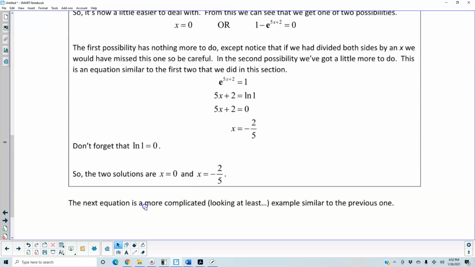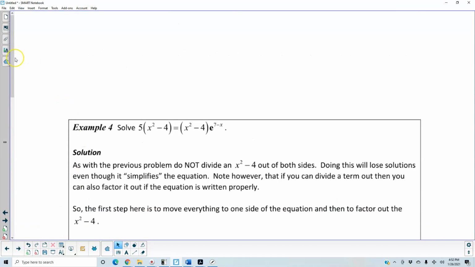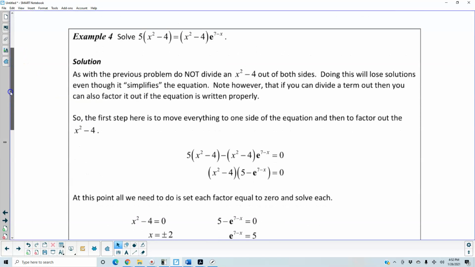Now the next equation is a little more complicated, but it's similar to the previous one. For example, we want to solve 5 times (x squared minus 4) equals (x squared minus 4) times e to the 7 minus x.